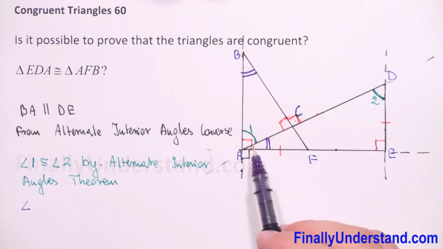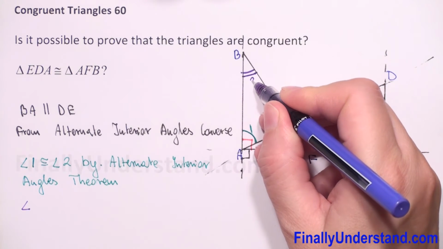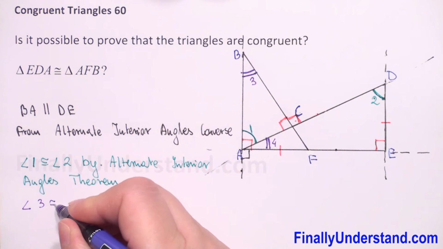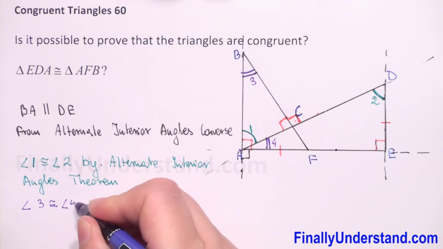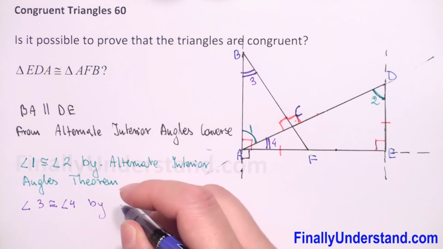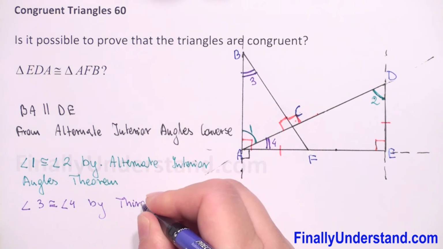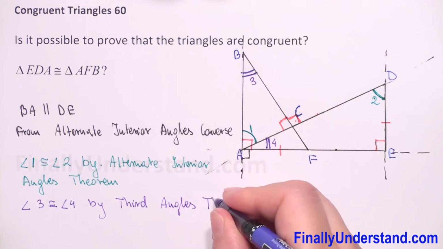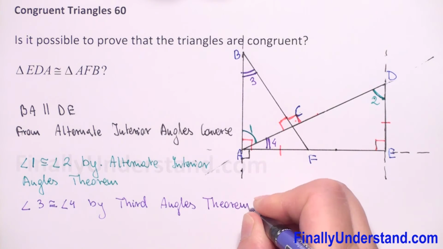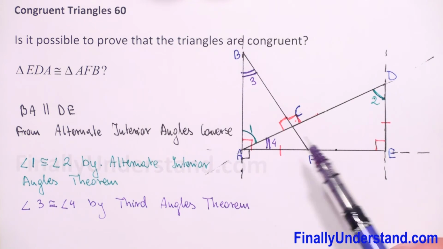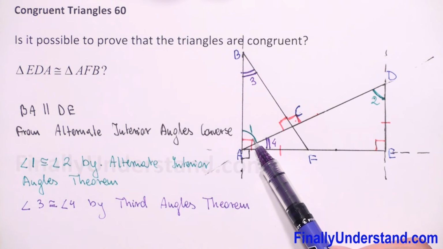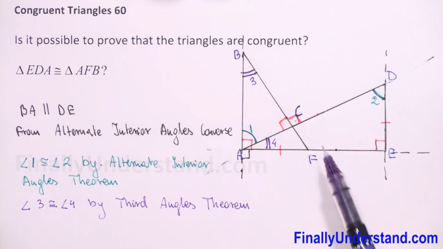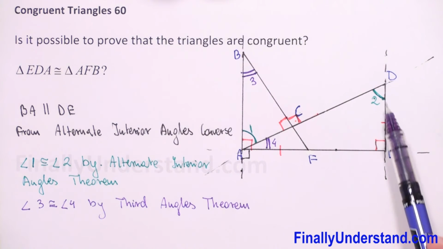So we can write that, let's put that we have 1, 2, so here will be 3 and 4. Angle 3 is congruent to angle 4 by third angles theorem. We have that angle 1 is congruent to angle 2, and angle ACB is congruent to AED.